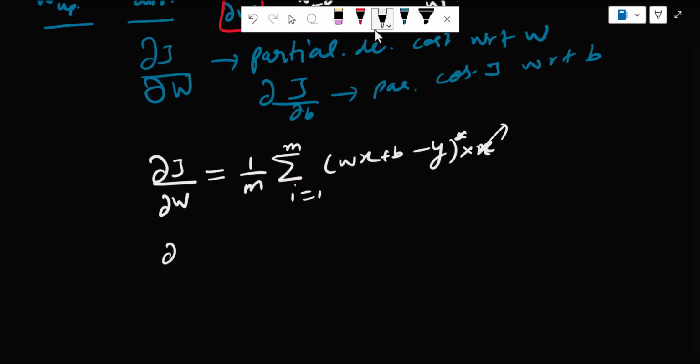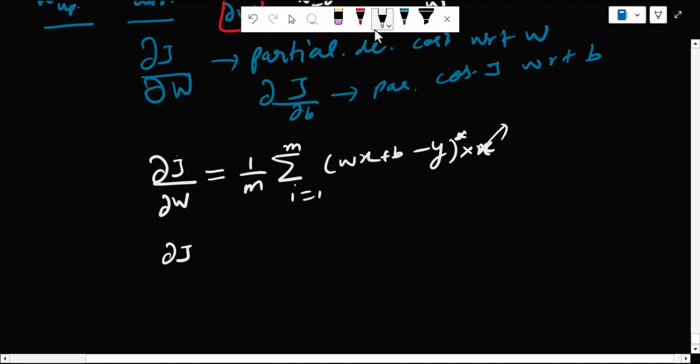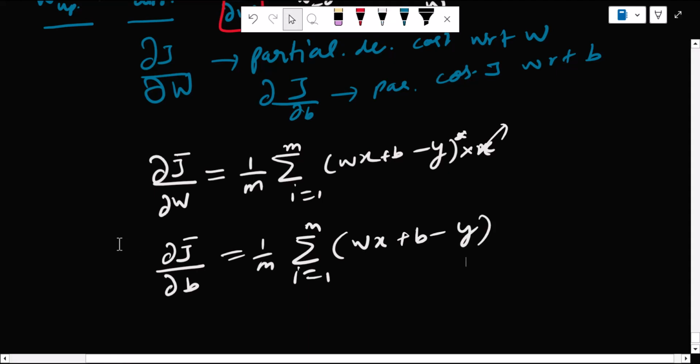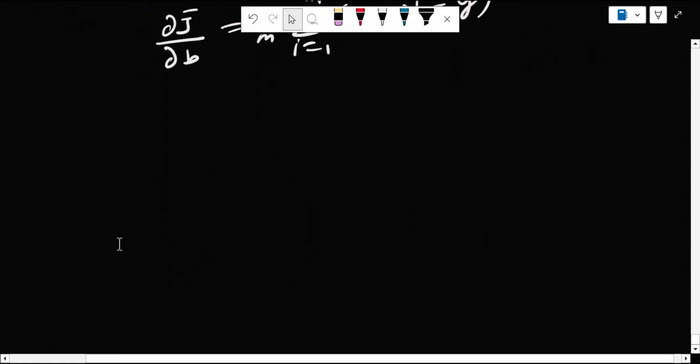Similarly, dJ upon db is given by 1 upon m, summation of i equal to 1 to m, of predicted value minus actual value. Let's fill the table with these values. Now we have to calculate the new values of w.